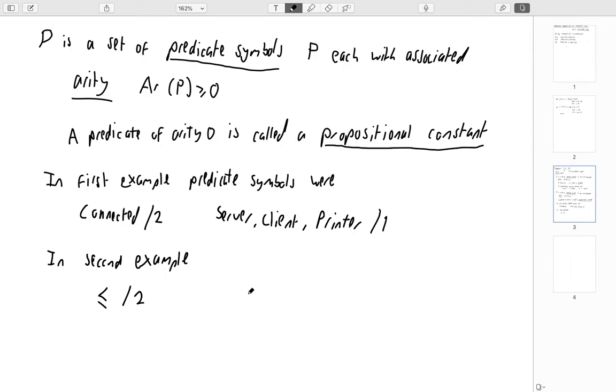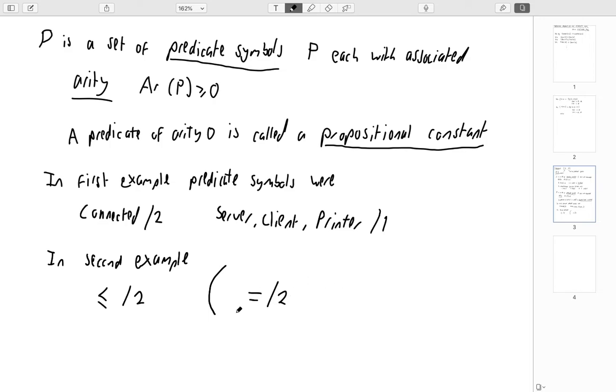And also equality is like a predicate symbol. It takes two arguments, both from the universe of discourse, so in this case two numbers. We would also have it in the server client example, when we talk about when two devices are the same, and again this has arity 2, but I'm going to put brackets around this because at least the way I'm going to do things, we're not going to include equality in the signature because we're always going to have equality available.